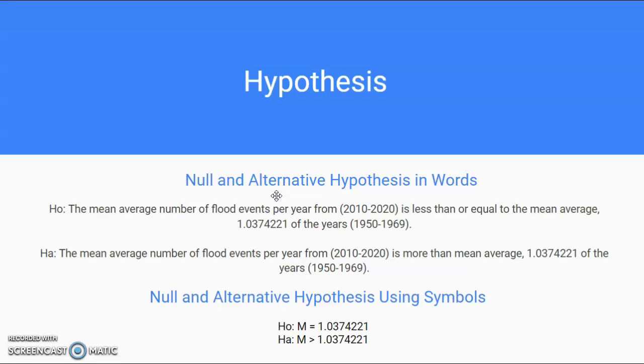And then, of course, my hypothesis in words: the mean average number of events per year from 2010 to 2020 is more than the mean average of 1.0374221 of the years 1950 to 1969. And then, of course, down here at the bottom, you have the hypothesis, the null, and then the alternative.